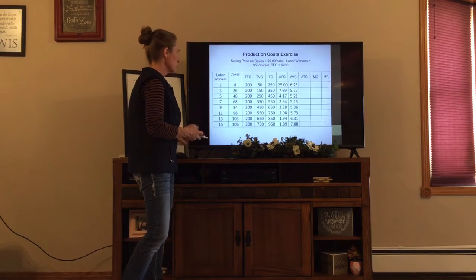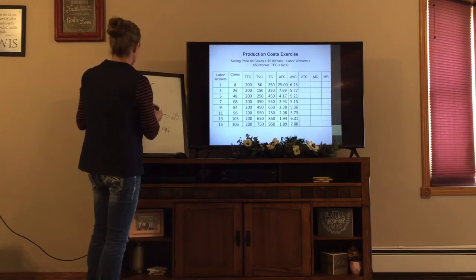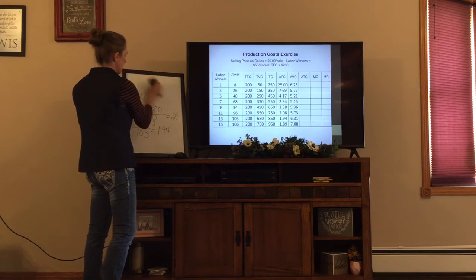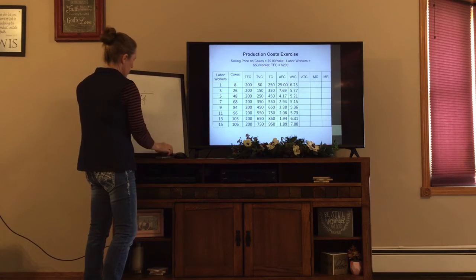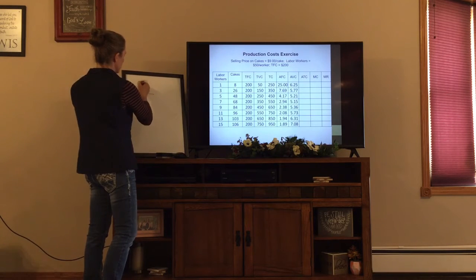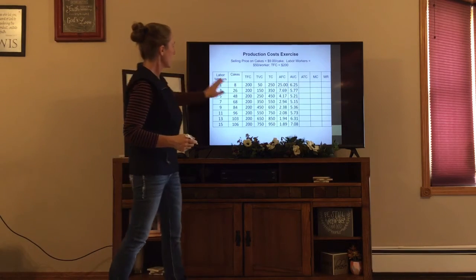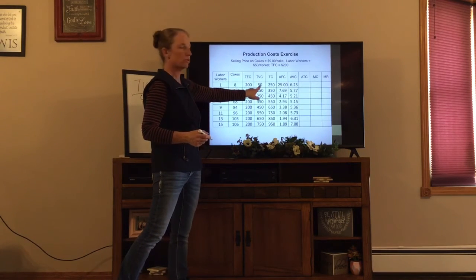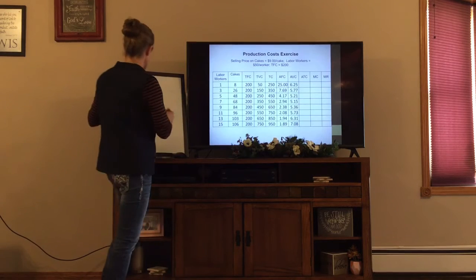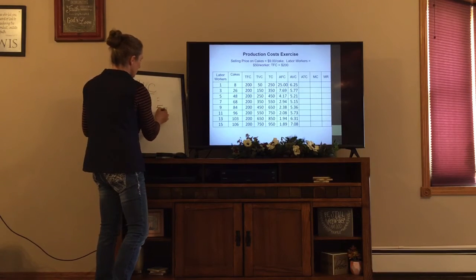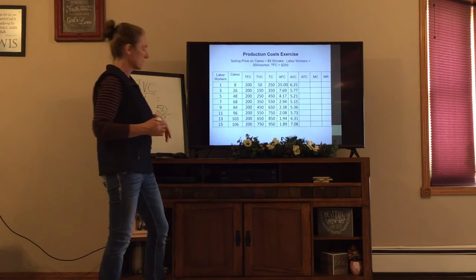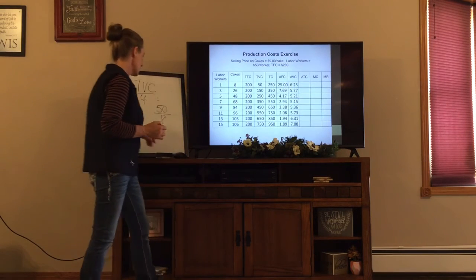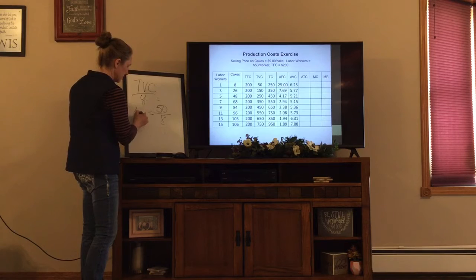So now what I'm going to do is take my total variable costs and divide that by output. So let's do the same amounts of output, but let's take our variable costs instead. So when I have only 8 cakes produced, my total variable cost was $50. So I'm going to take $50 in variable costs divided by 8 cakes that I can produce, and now my average variable cost is going to be $6.25 per cake.